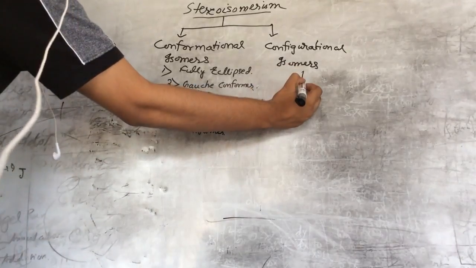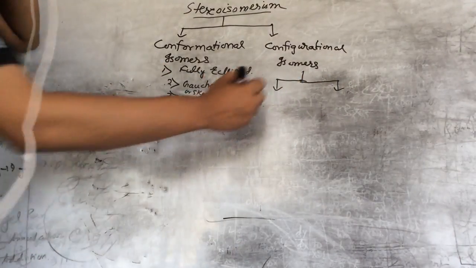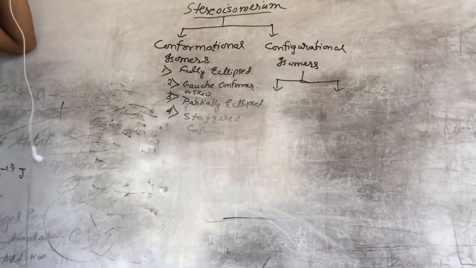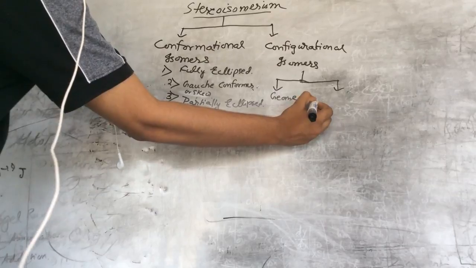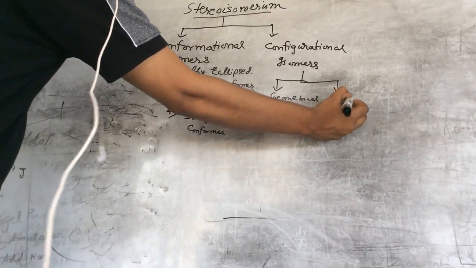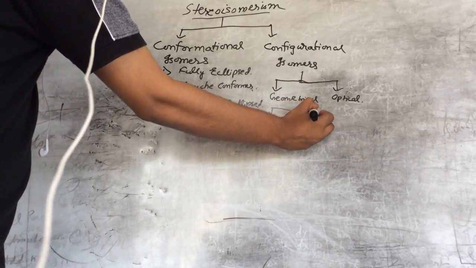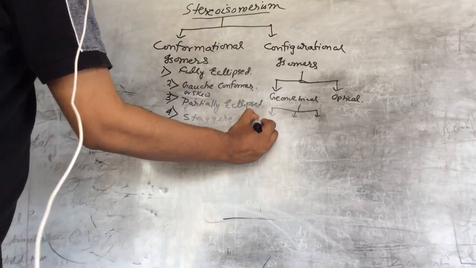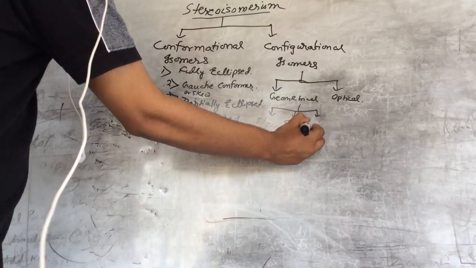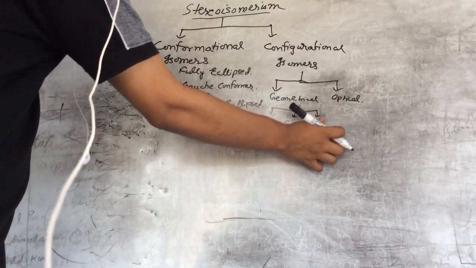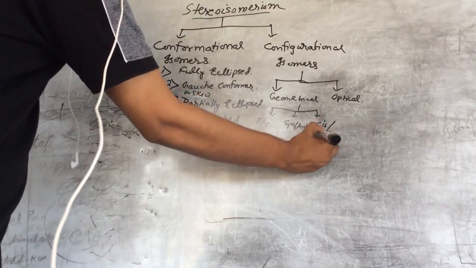And under configurational you have two types: that is the geometrical and another is the optical. The nomenclature of geometrical isomers can be of three types: EZ, syn or anti, and cis or trans.